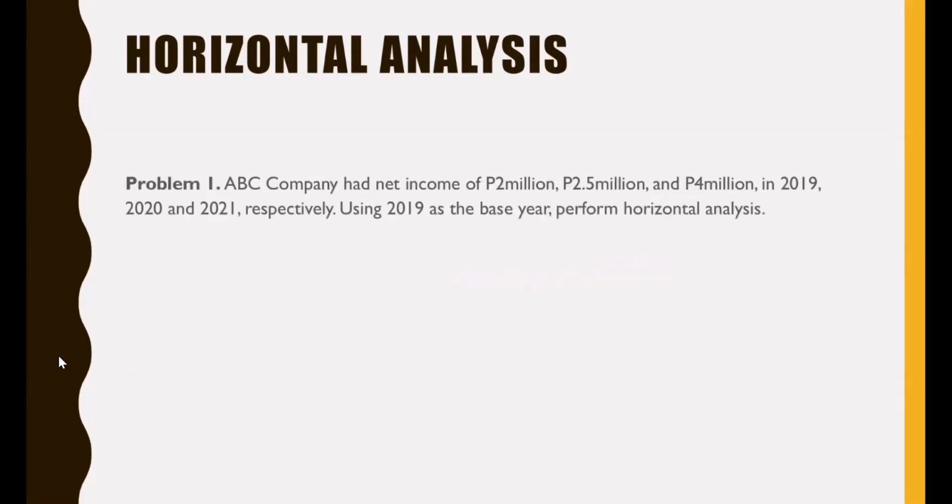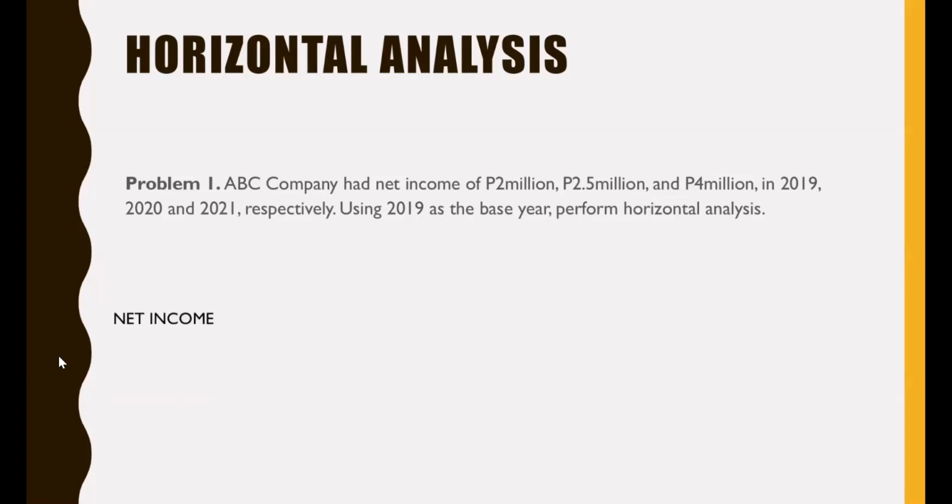So to illustrate, let's answer the following problem. ABC company had net income of 2 million pesos, 2.5 million, and 4 million pesos in 2019, 2020, and 2021 respectively. Using 2019 as the base year, perform horizontal analysis.